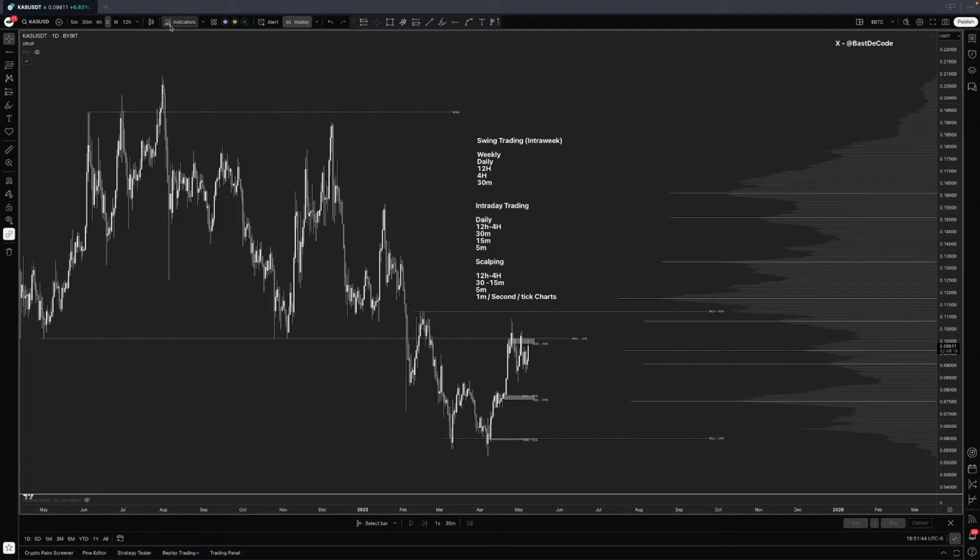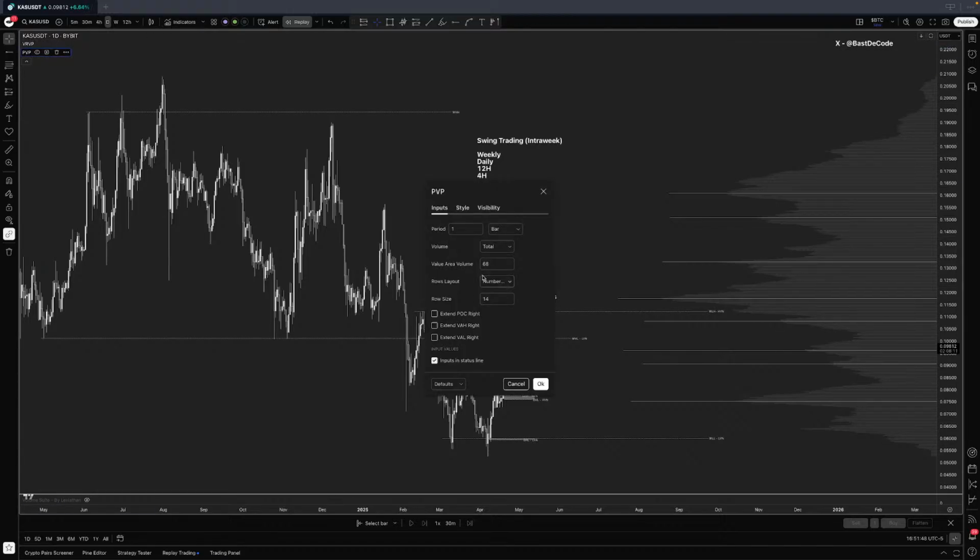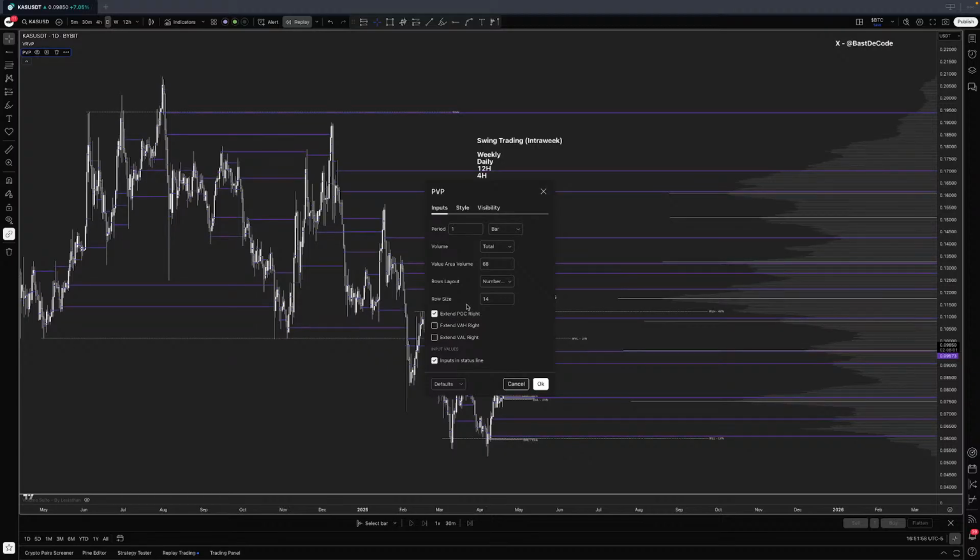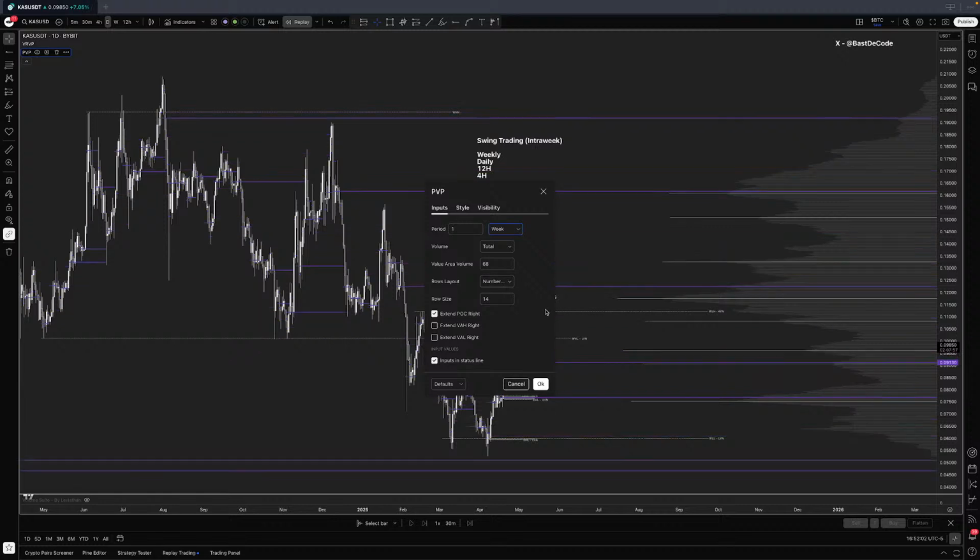And now on the PVP, what I'm going to do is put one bar, extend POC. We're going to do this from the weekly perspective.